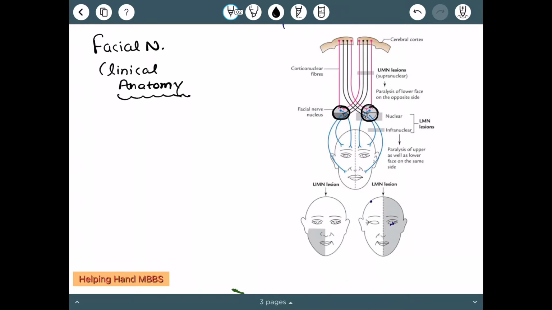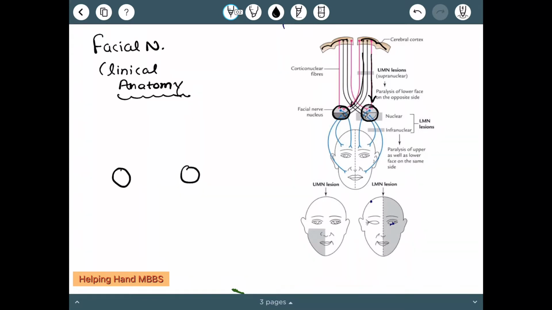And here you can see the cerebral cortex, and the corticobulbar fibers from here come to the motor nucleus of the facial nerve. There is a pattern in how they come to the facial nerve nucleus. We will see it here clearly.